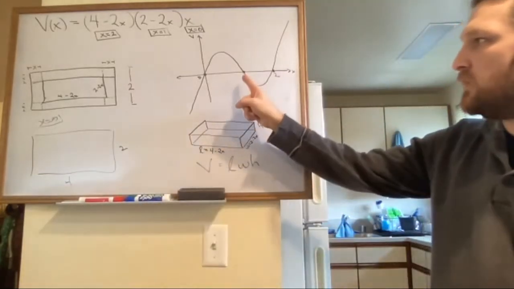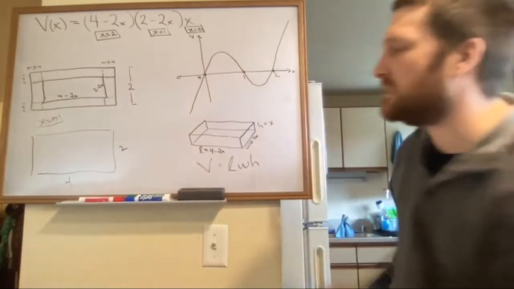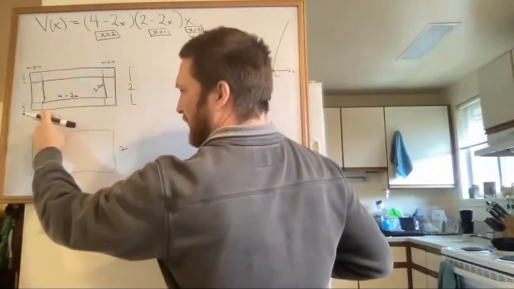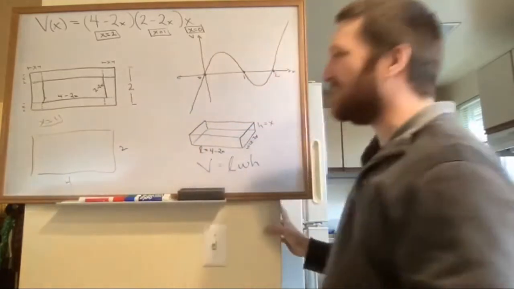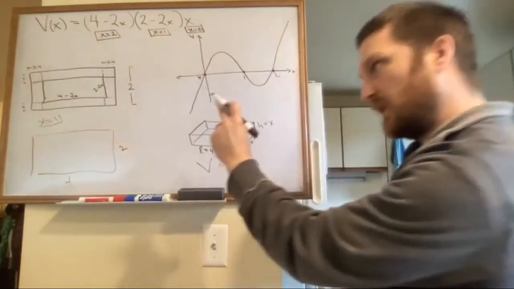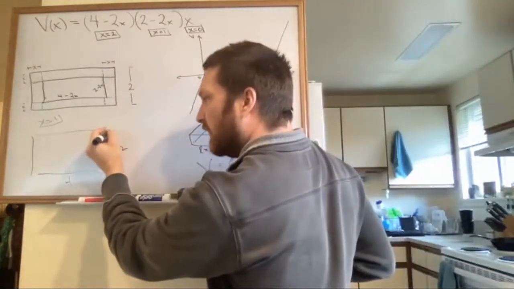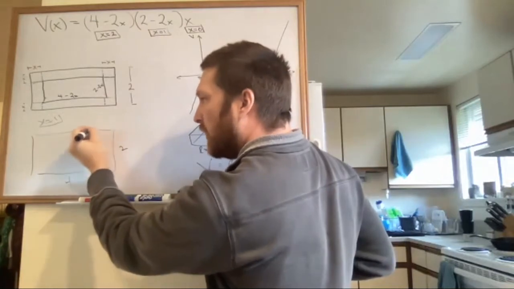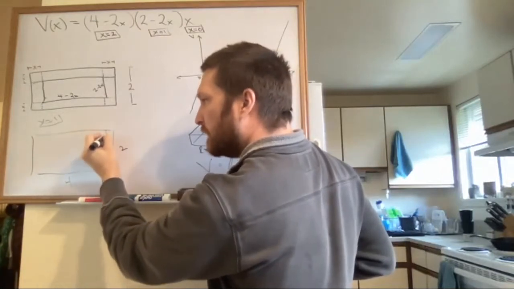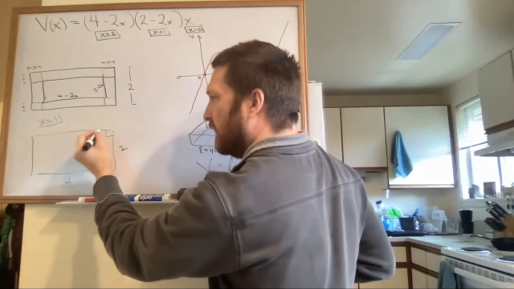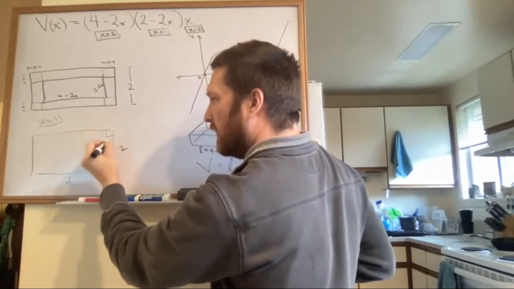Now what happens when x is equal to 1? Well, let's think about this. It also says I get 0. Well, why would that be? Well, let's think about the length here. If we were to take 1 off of a corner, you can imagine that's a quarter, that's a half.